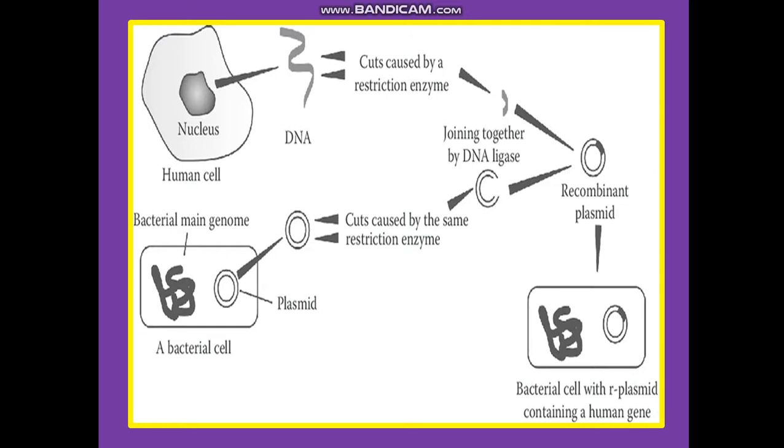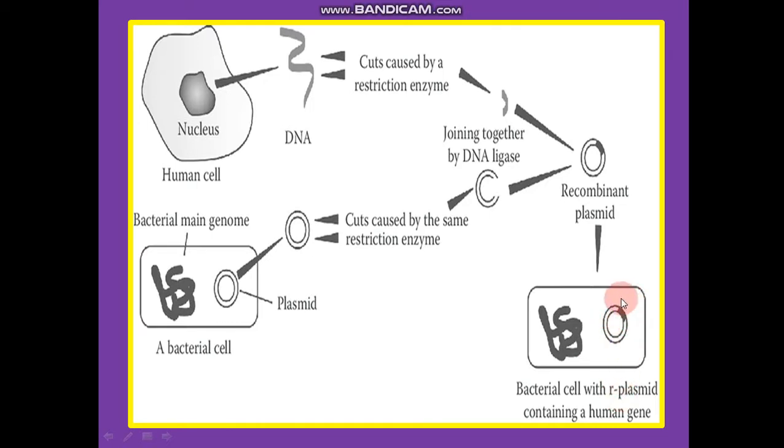Now what do we have to do? We have to combine these two. So how will we combine? We will combine these by using DNA ligase. So here ligation has taken place and a recombinant plasmid is being generated. Now this recombinant plasmid is allowed to enter into the bacterial cell again, and now this bacterial cell with r plasmid, recombinant plasmid, small r, is known as recombinant.